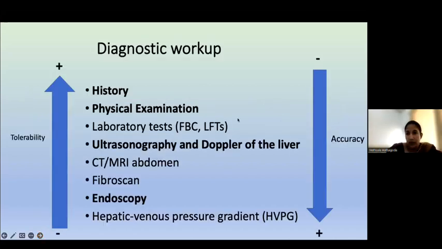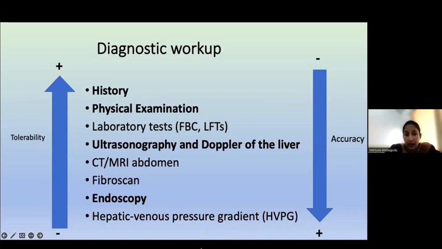As you can see, I have put a list starting from the basics: taking histories, physical examination, laboratory investigations, and then ultrasonography, imaging like CT, MRI, as well as fibroscan, endoscopy, and then actual measuring of the pressures.